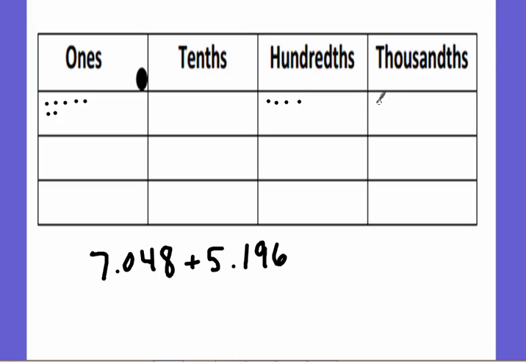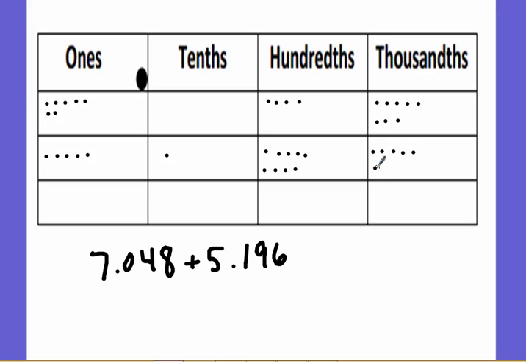And 8 thousandths, 1, 2, 3, 4, 5, 6, 7, 8. I have 5 ones, 1, 2, 3, 4, 5, 1 tenth, 9 hundredths, 1, 2, 3, 4, 5, 6, 7, 8, 9. And then this 6 for my thousandths, 1, 2, 3, 4, 5, 6.